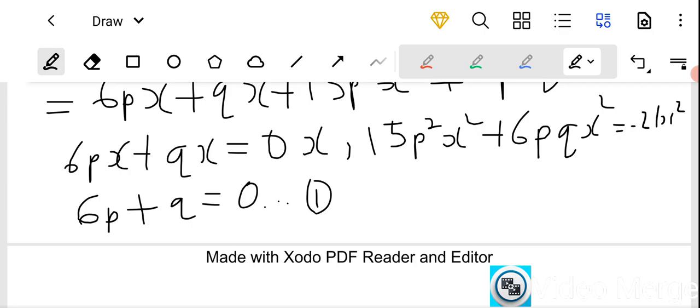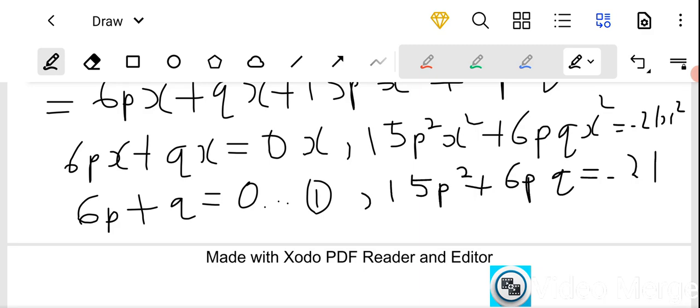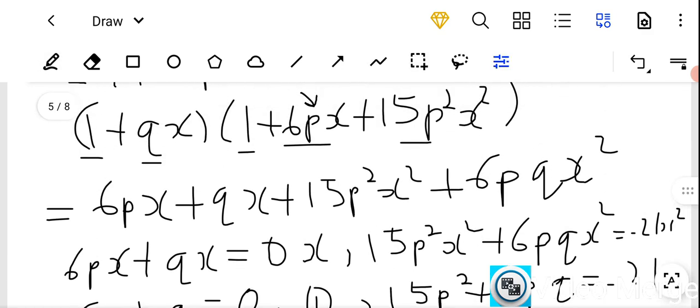Well, we'll drop x squared, then we'll just remain with 15p squared plus 6pq is equal to negative 21. So here you have a combination of 6pq.